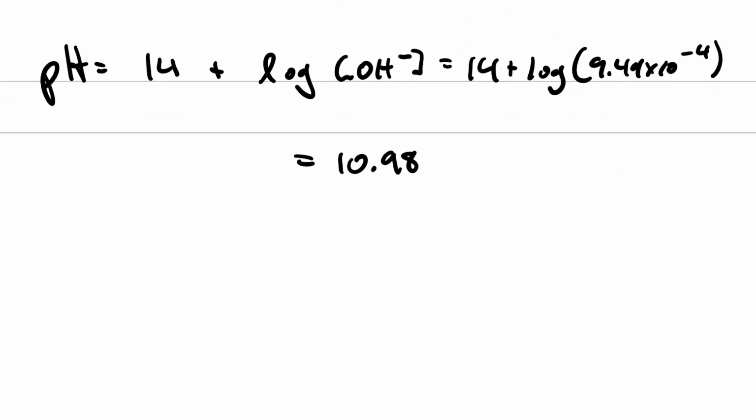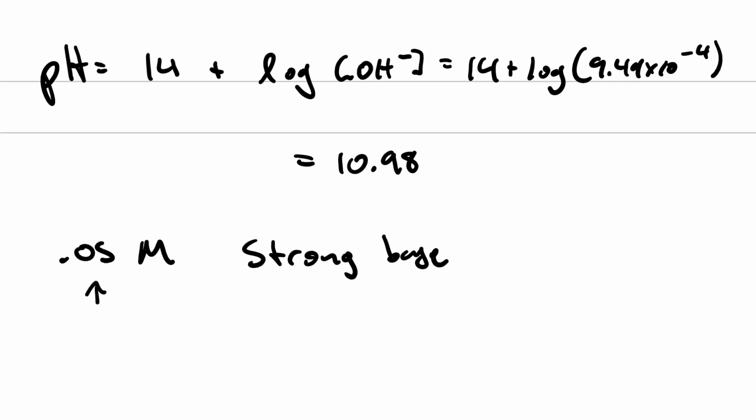Now, if we had a strong base solution, 0.05 molar strong base, then the concentration of hydroxide would just be 0.05.